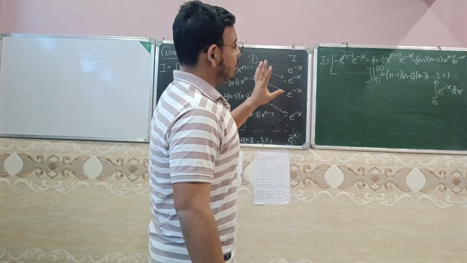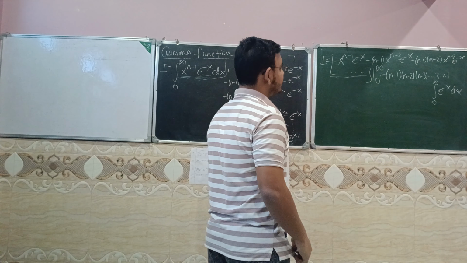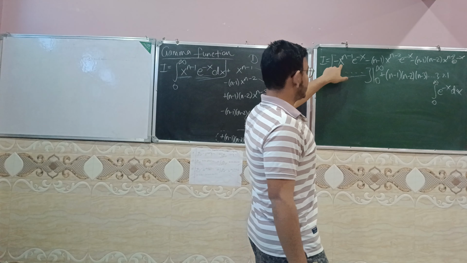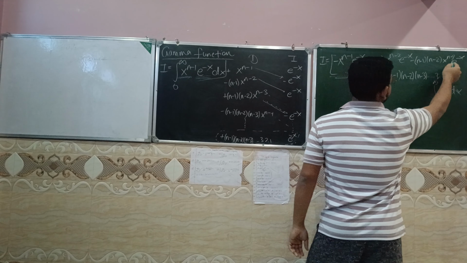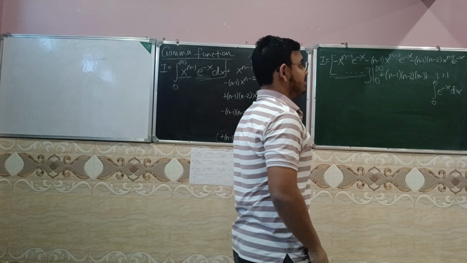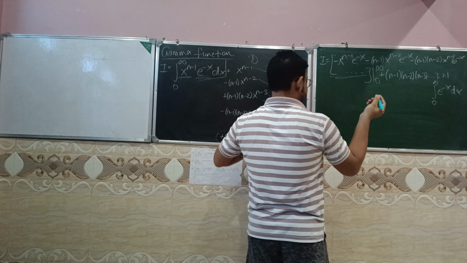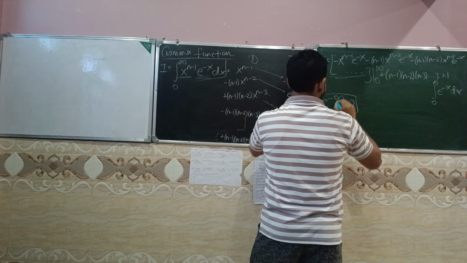Okay, so if you look closely inside this big bracket, when you plug in x equals 0, 0 times anything is 0, 0 times anything is 0, so everything is going to be 0. And what about the upper limit? That is infinity. So please note it down that e to the negative infinity is always 0.